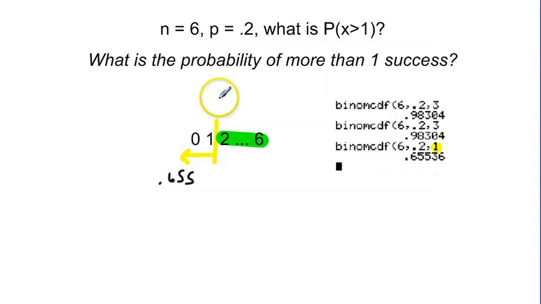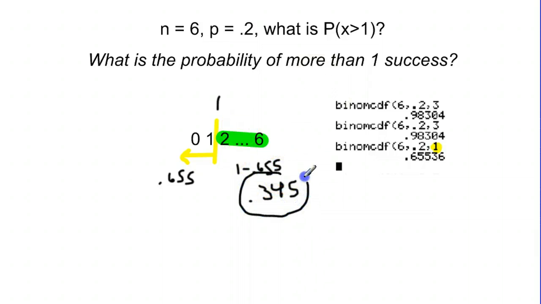That means that if the whole probability is 1 of getting some number, the probability of ending up in the green is 1 minus 0.655, which gives me 0.345. So the answer to this question, the probability of having more than one success, is 0.345.